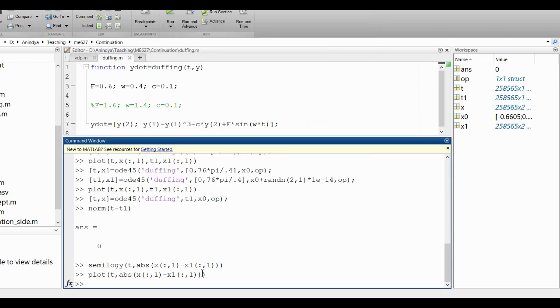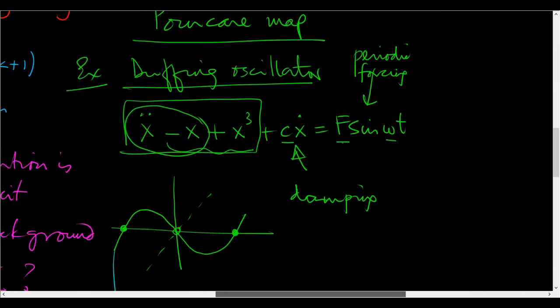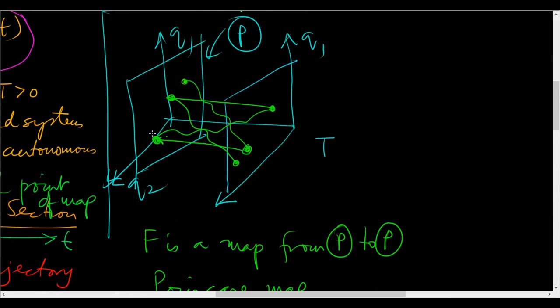So on the Poincare section, we have defined the Poincare map or the Poincare section. Over here, all the points that we get, right? If we run this for a long time, then we will get a bunch of points on this plane, right? Q1 versus Q2, and we can just plot those and look at those points.